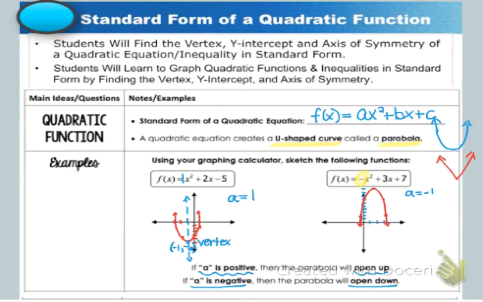So it's very similar to the absolute value. When we had a negative out in front of the absolute value, it reflected the absolute value graph downward. And that does the same thing with our parabola. So if our leading coefficient, or that a, which is the coefficient of the x squared, is negative, your parabola will open downward, making a sad face parabola.